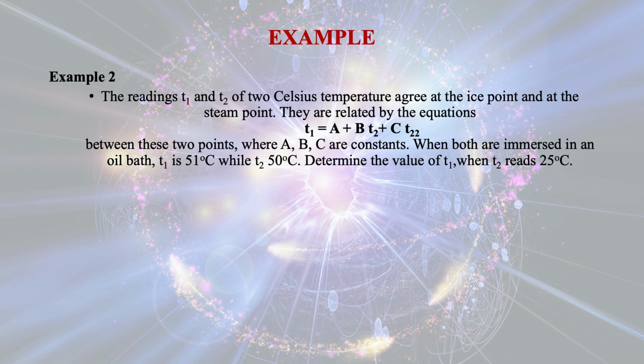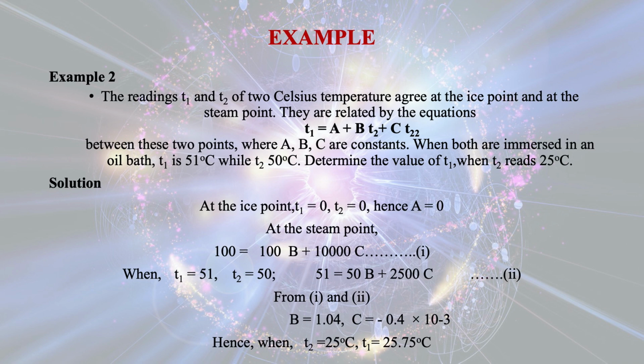So if you put the values T1 is equal to 0 and T2 is equal to 0, and T1 is equal to 100 and T2 is equal to 100, we will get two equations and three unknowns. But one more equation we will get by putting T1 equal to 51 and T2 equal to 50.